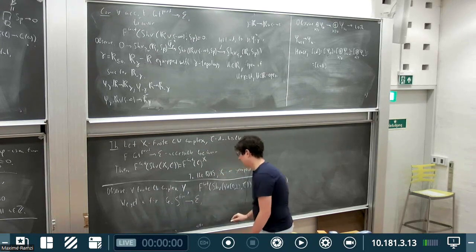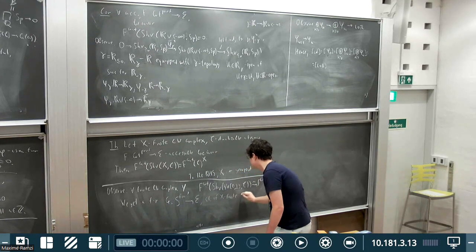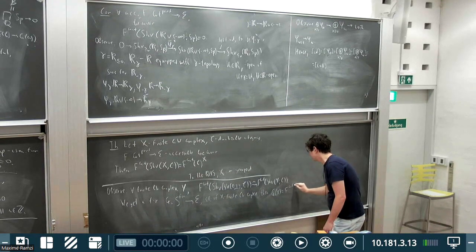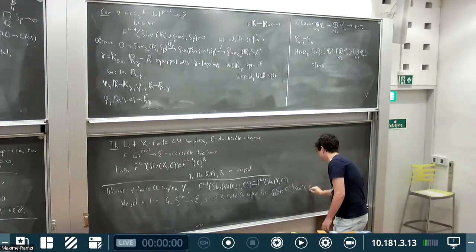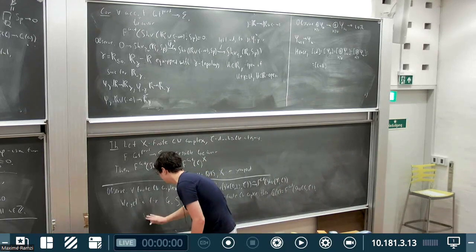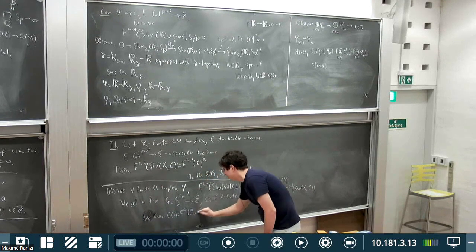to E, such that if X is a finite simplicial complex, then G of X is F continuous of sheaves on X in C. We know that G computed on the point is just F continuous of C. And we also know that G computed on the empty set is of course 0.